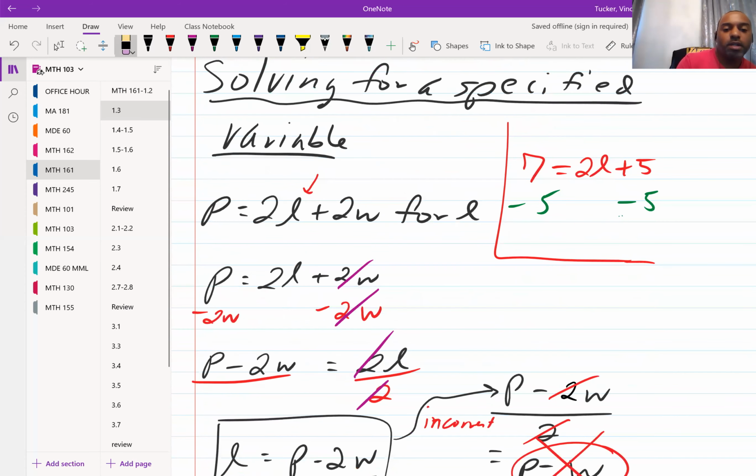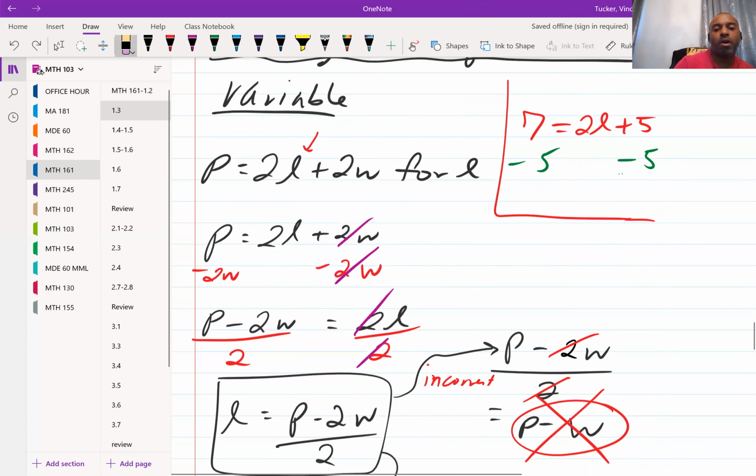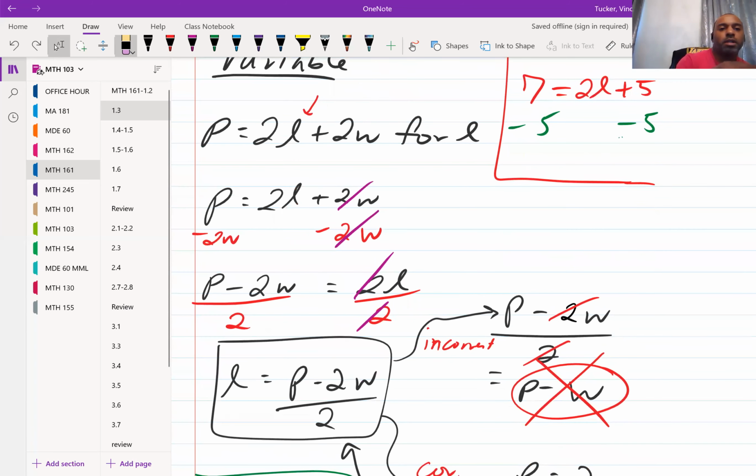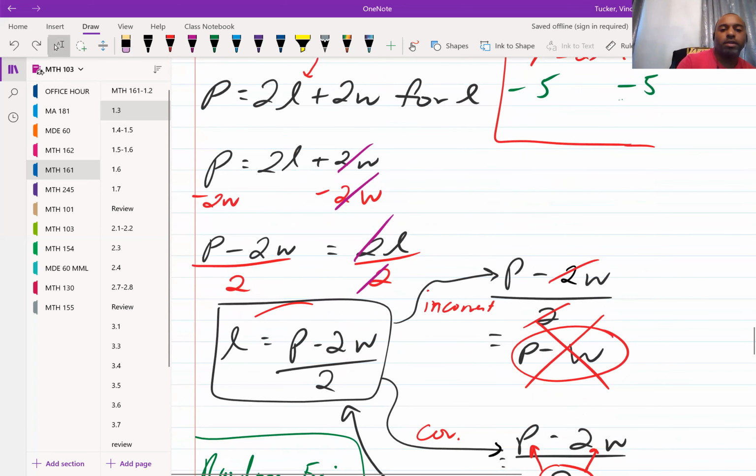All right. So that will leave me with P minus 2W equal to 2L. Now, don't forget they are not like terms, so there's nothing you can do with the P minus 2W. It's just going to be P minus 2W. All right. So then from there, you divide both sides by 2 to get the 2 off of L. And this is your answer.